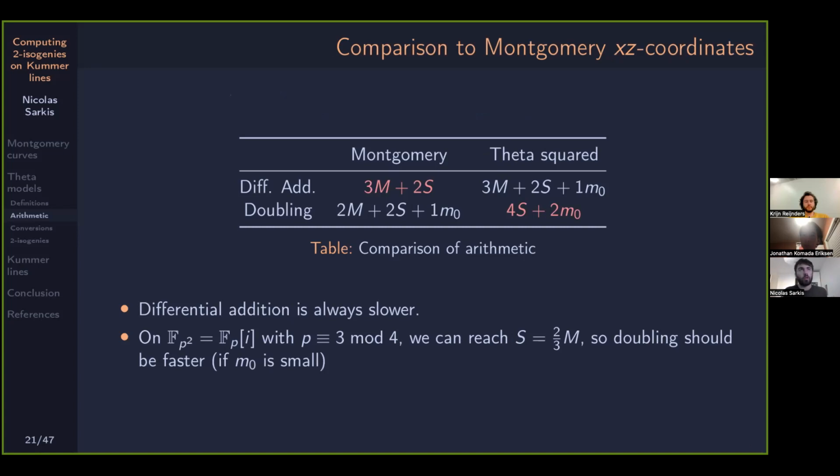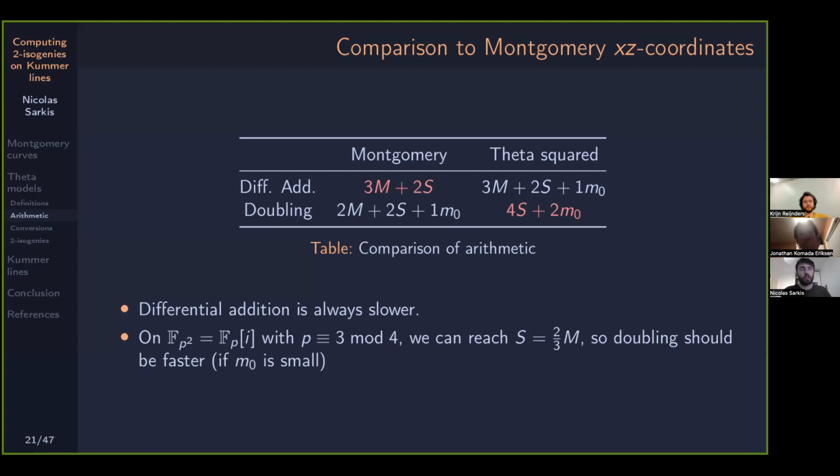For instance, if you work on Fp squared, and you write it as Fp[i] with p equal to 3 mod 4, so that's something used in isogeny-based cryptography, you have a square is about 2/3 of the multiplication, so the doubling should be faster on the theta squared model rather than the Montgomery model.